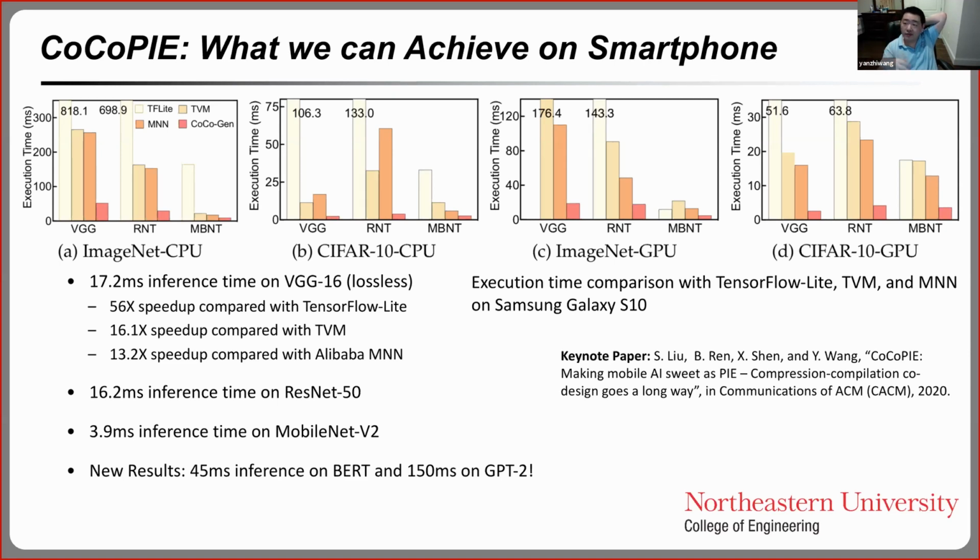We got 45 millisecond inference time on BERT with less than 1% accuracy loss. So BERT is nothing, it's really very simple for the mobile phone. On GPT-2, the prior version of GPT-3, we got 150 millisecond inference. It can be implemented in close to real time on a smartphone as well. And we can potentially execute all deep neural networks in real time on a smartphone.